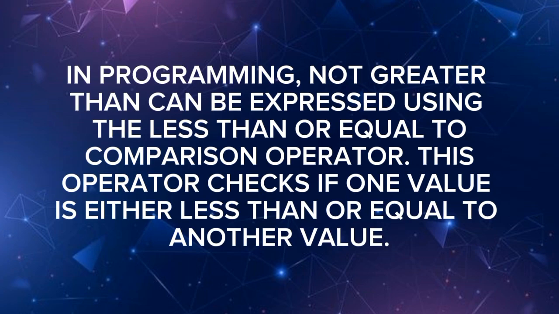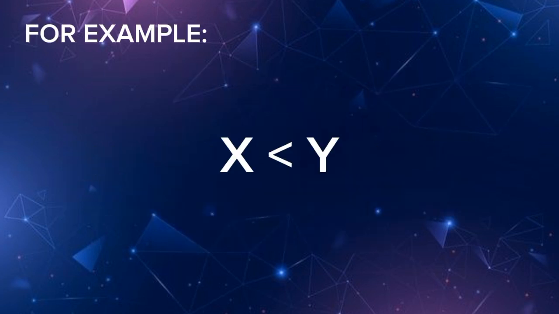I will discuss the not greater than. So what is the not greater than? In programming, not greater than can be expressed using the less than or equal to comparison operator. This operator checks if one value is either less than or equal to another value. For example, if we have x <= y, it means that x is either less than or equal to y.